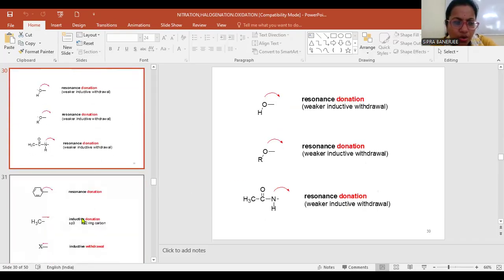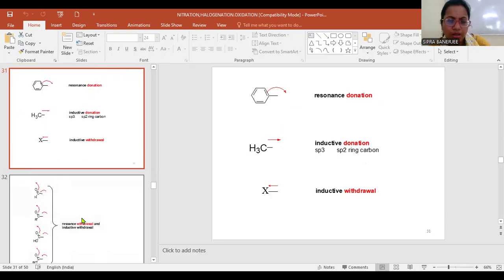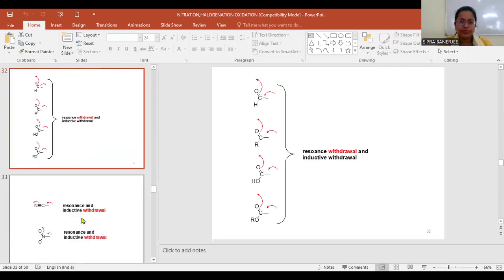Resonance donation is going on. Then induction is going on. Whenever induction is removed, the product becomes stable. Resonance withdrawal and inductive withdrawal. Whenever the resonance and the inductive effect have been done, then it will be stable.